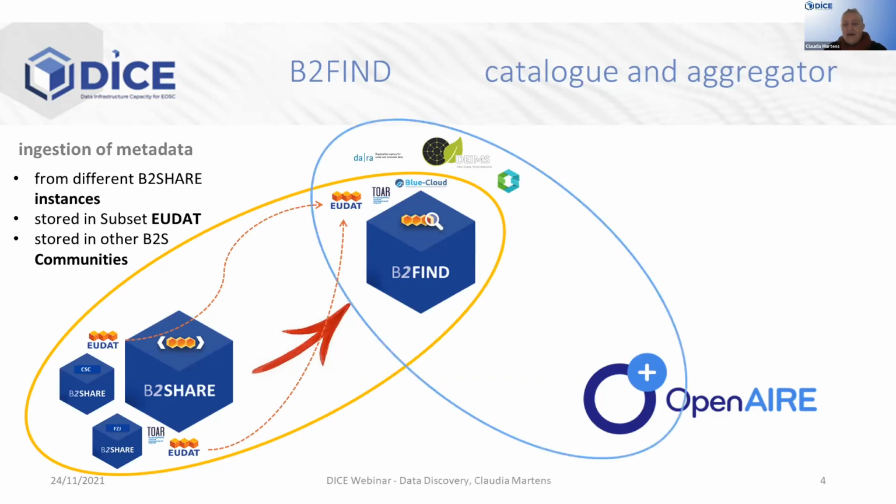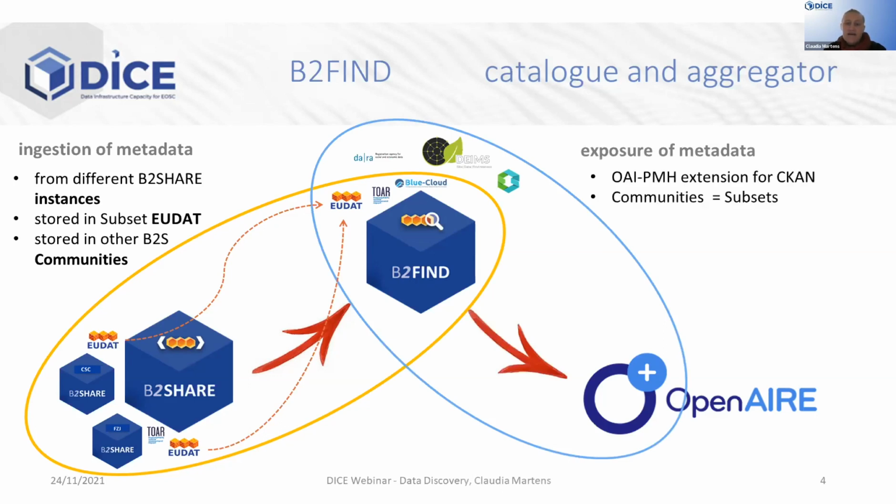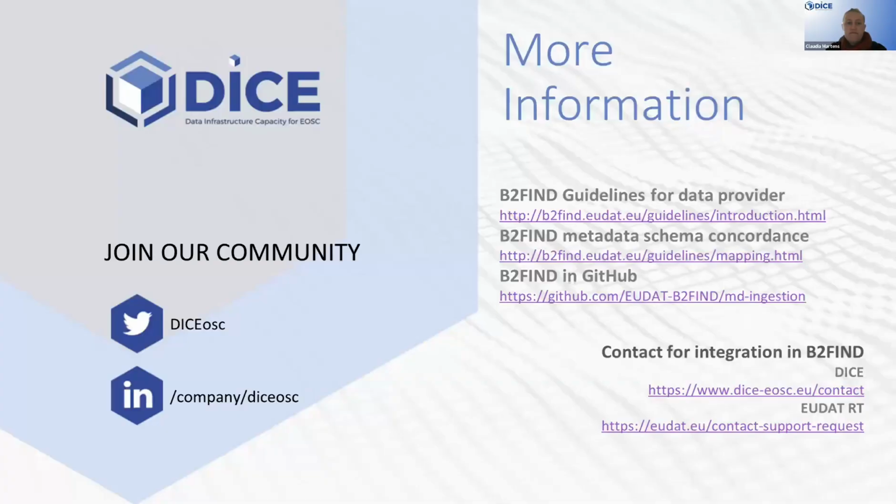All of them are exposed to OpenAIRE, are harvested by OpenAIRE, due to an OAI-PMH extension for our software used for the web interface, which is also open source software, of course. The communities themselves are shown as subsets in OAI, so they could even be harvested one by one.